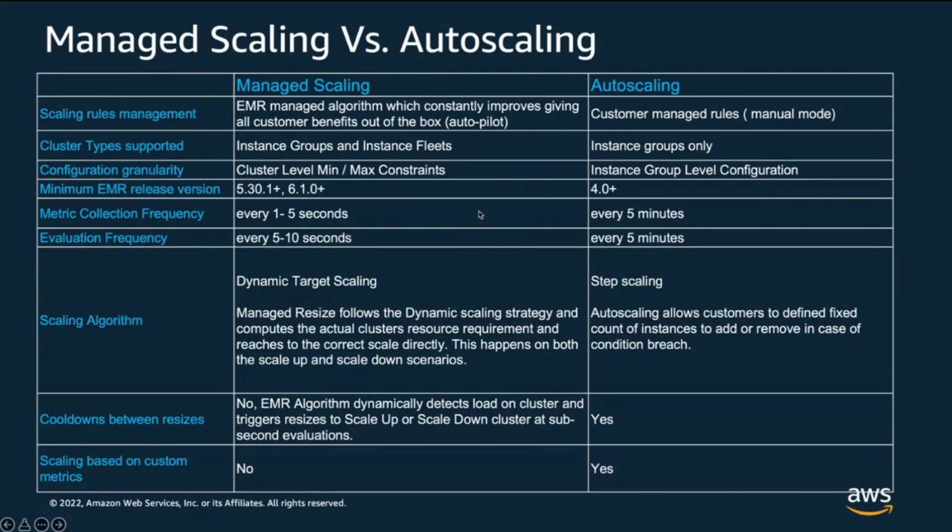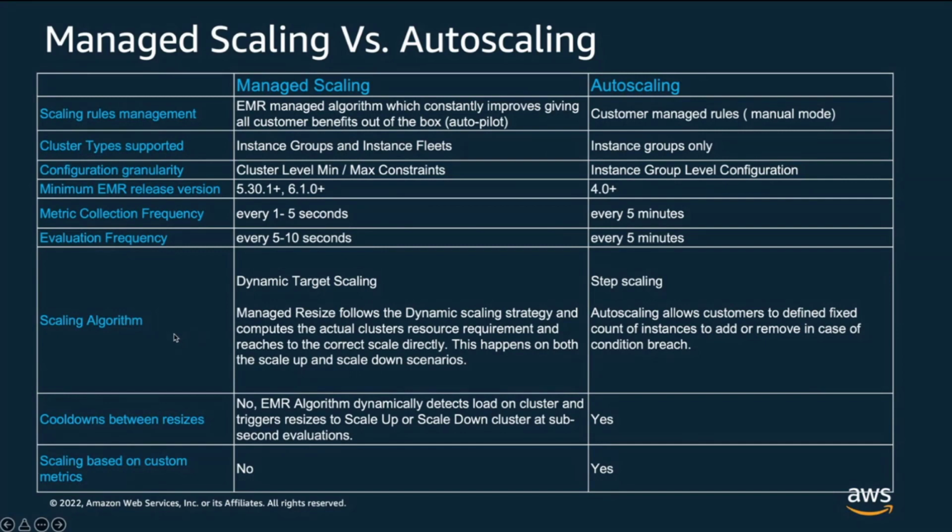So meaning, if your cluster is seeing lots of workload, and you have defined the max capacity of maybe 100, then it will go to 100 nodes very quickly. So the action time and the metric collection time are better in managed scaling. And auto scaling takes it every 5 minutes, so maybe you will see a little bit of delay.